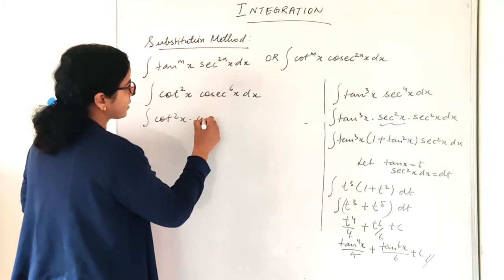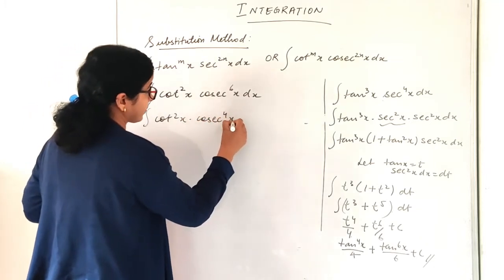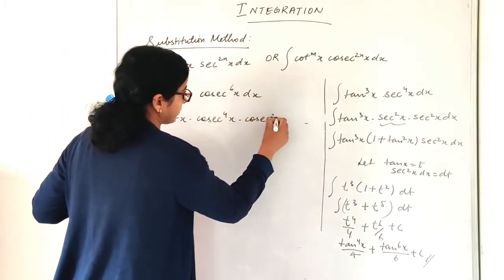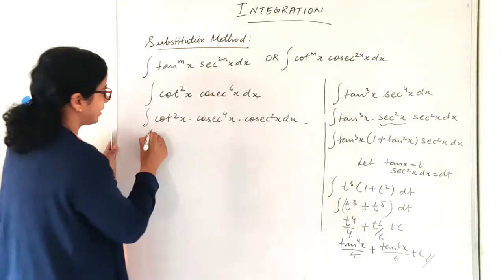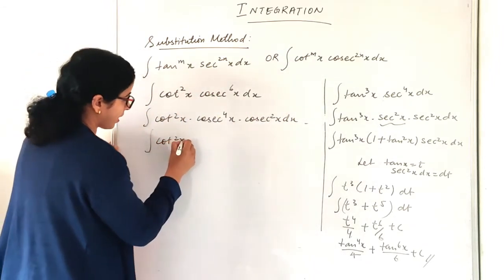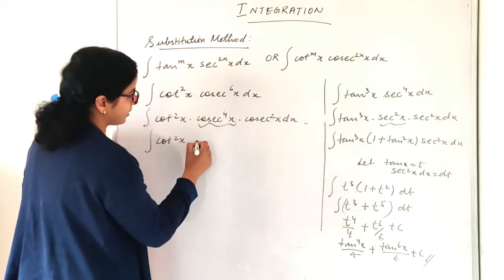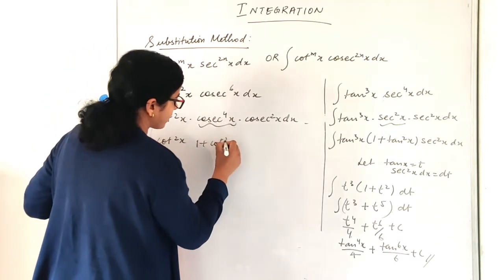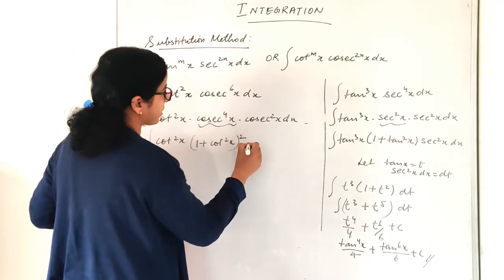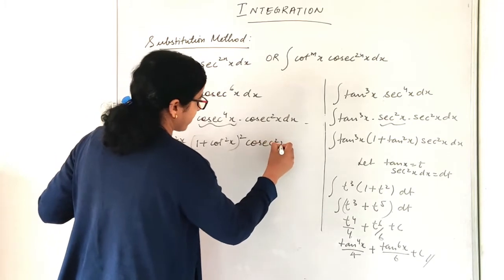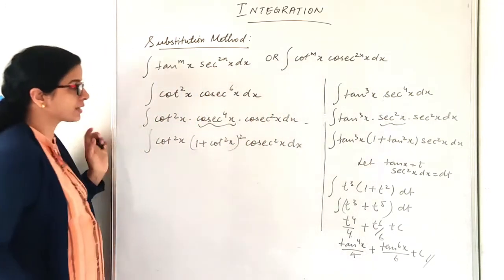So we'll modify it. Now I can write this part as (1 + cot^2 x)^2 cosec^2 x dx, correct?